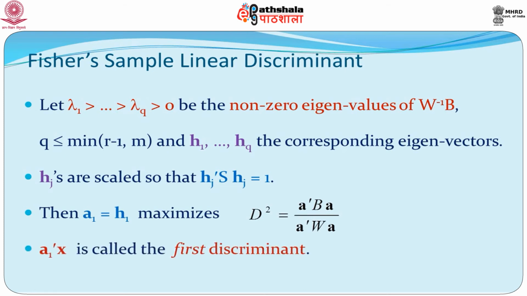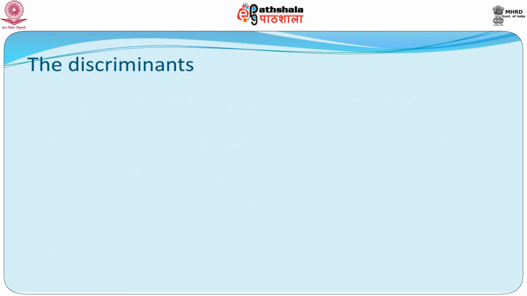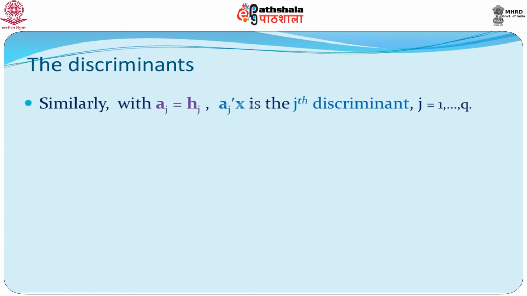We can repeat this process choosing h2, h3, etc., which are orthogonal to the first one, and we get the jth discriminant as aj equal to hj, and aj prime x would give us the jth discriminant function. So, we can have all the q discriminant functions a1, a2, ..., aq, and multiplying by x we get the corresponding discriminants.